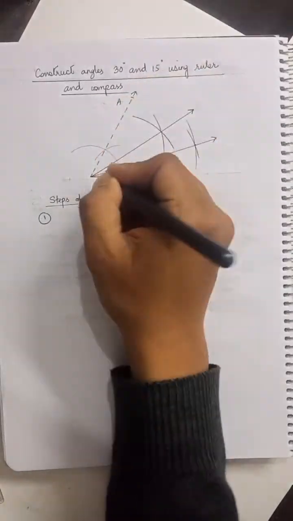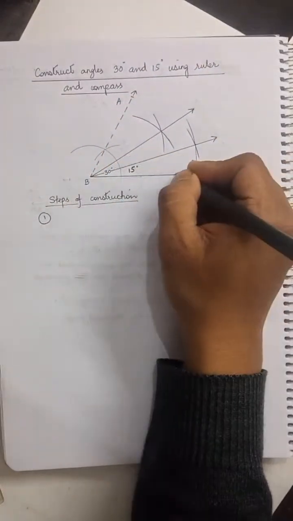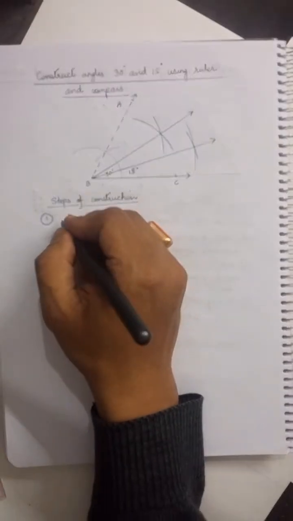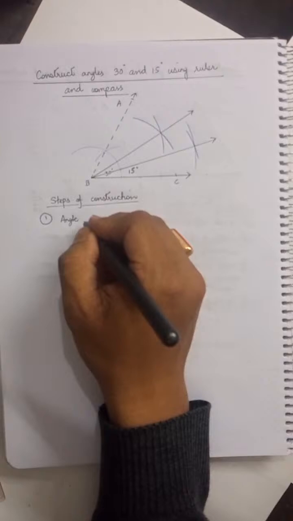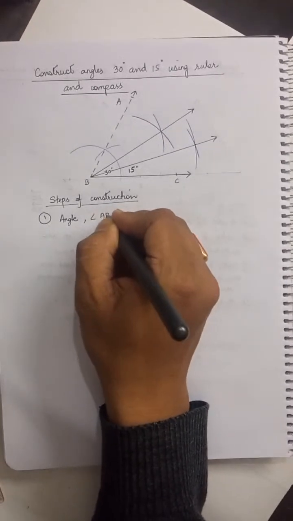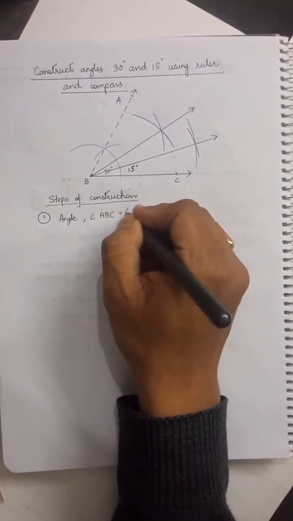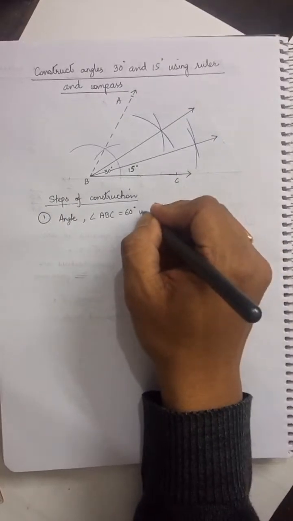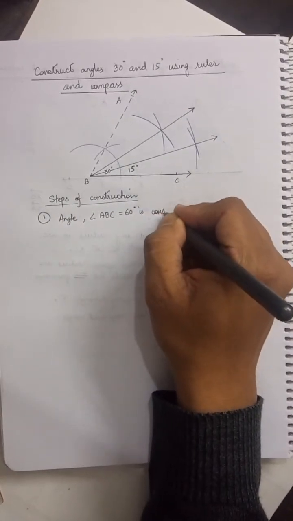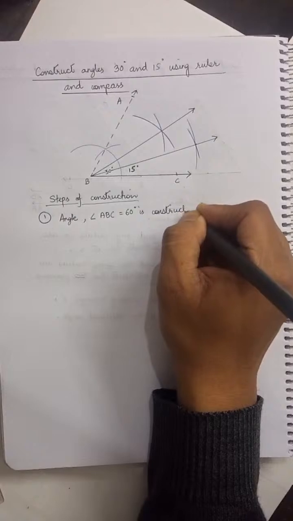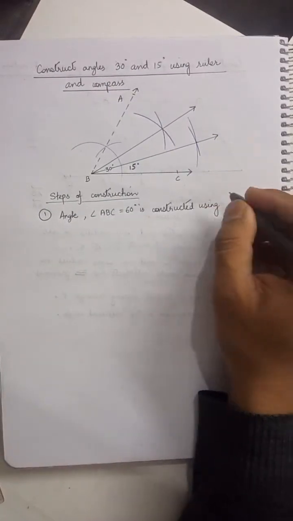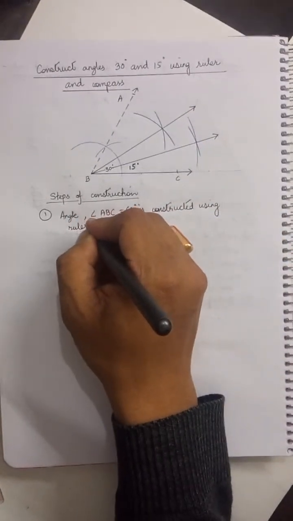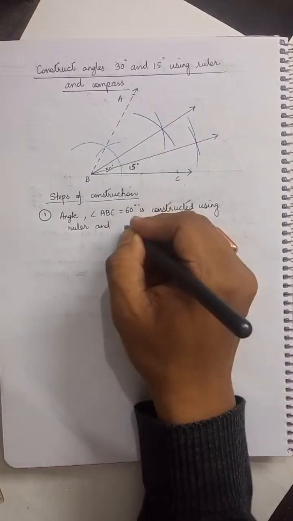So we will write, this is ABC. Let me name it ABC. So we'll write straight away that angle ABC equals 60 degree is constructed using ruler and compass.